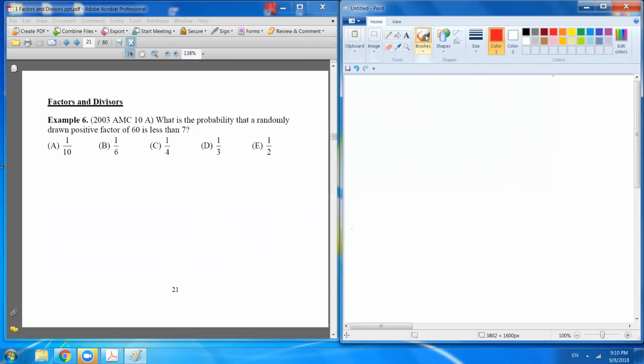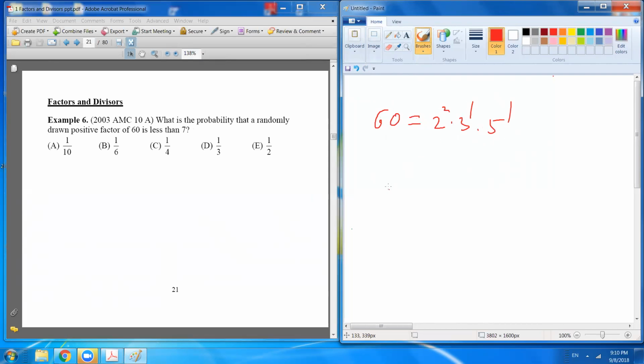I see a correct answer. Very nice. And how did you do this? Did you do prime factorization? 2, 2, 3, 1, 5, 1, right?